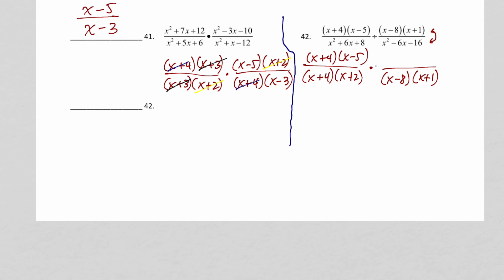So this is going to be x minus 8, x plus 2. Now that this is a multiplication, anything on top can cancel with anything on the bottom. So let's start there. We have an x plus 2 that cancels, and we have this x minus 8 that cancels. So we're left with x minus 5 in the numerator and x plus 1 in the denominator.